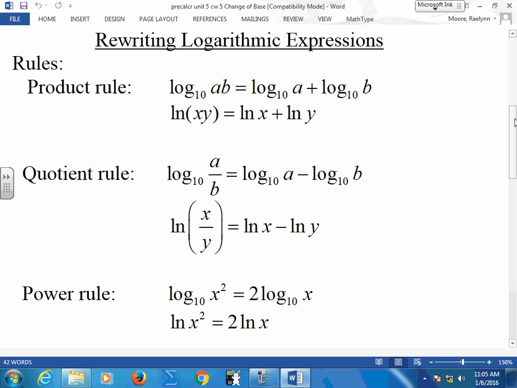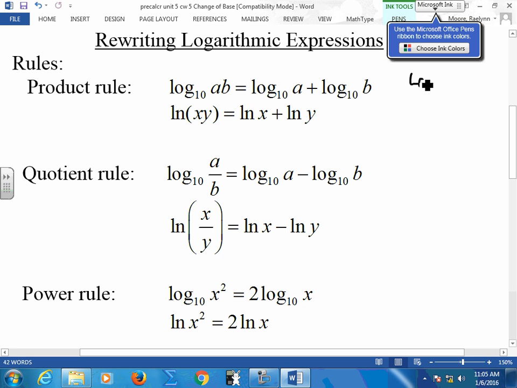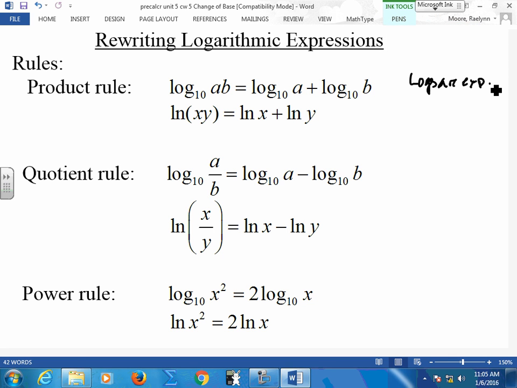Now, because we say logs are exponents, they have the same characteristics as an exponent. When you were multiplying your like bases for your exponents, what did you do to your exponents when you multiplied like bases? You added your exponents.